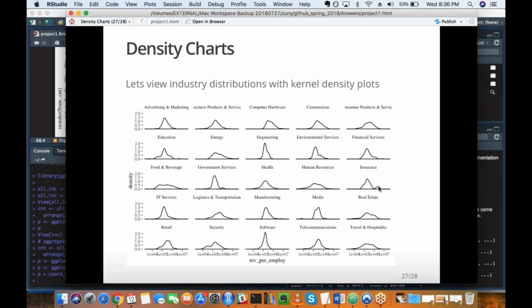You have a number of companies out here. You have this distribution down here, and you sort of see that happening with, or I'm sorry, that's insurance, and you see that happening with security here also, where you have some interesting shapes going on. And also with something like this, the density chart is simply a line. So we're really being economical in terms of the data to ink ratio.